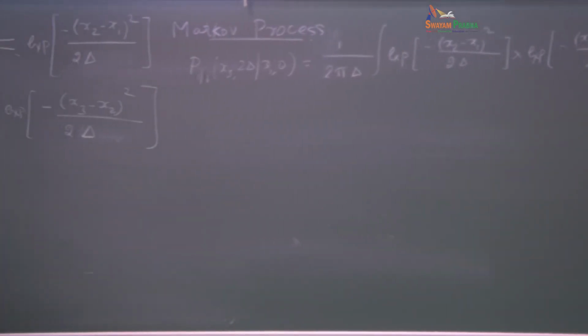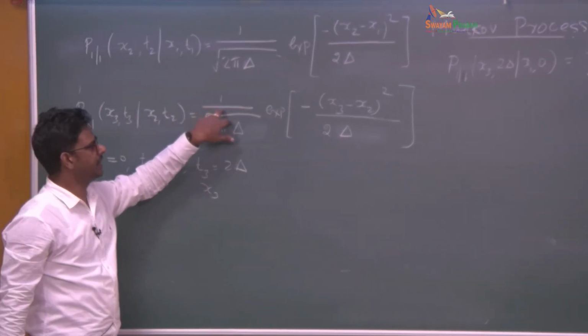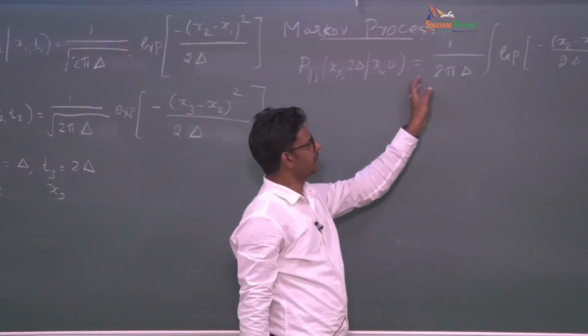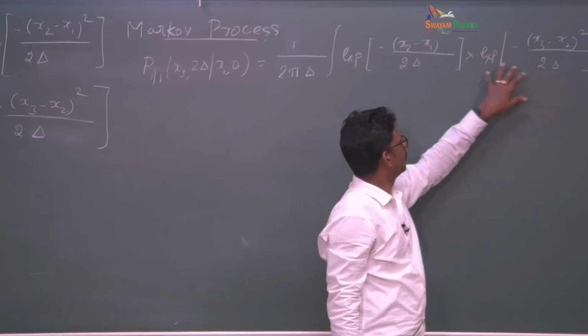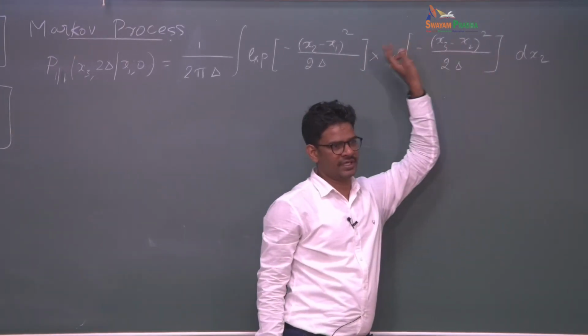When I multiply these two, I get 1 by 2 pi delta that comes out of the integral. Then I have only these two terms. Both of these terms are functions of x2, so we keep them inside.